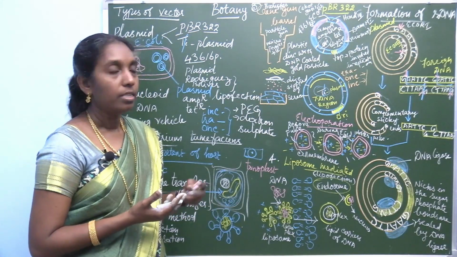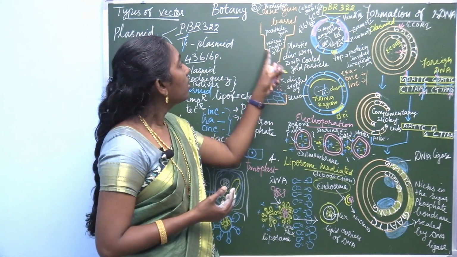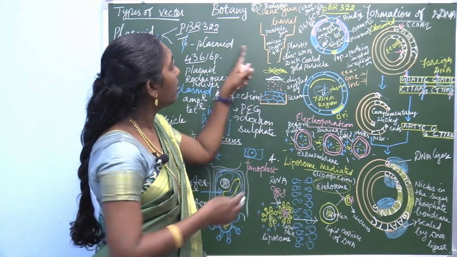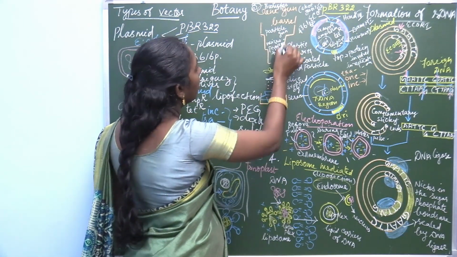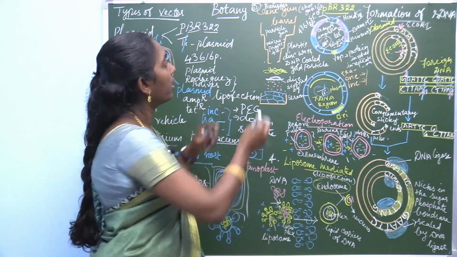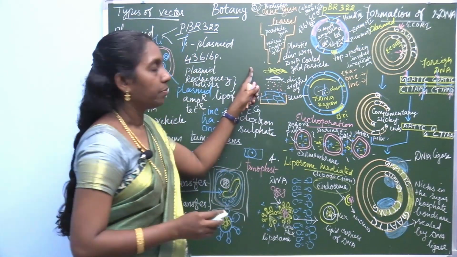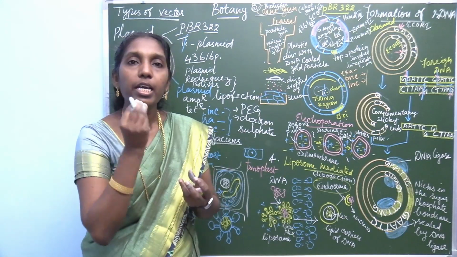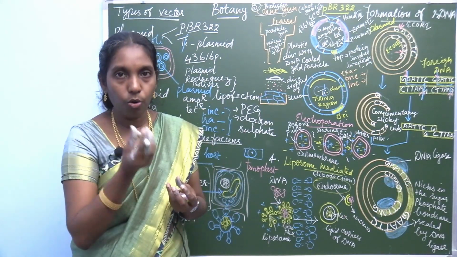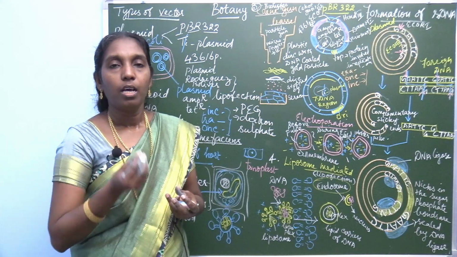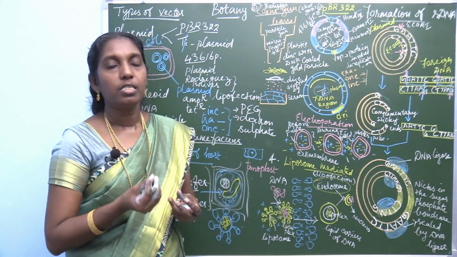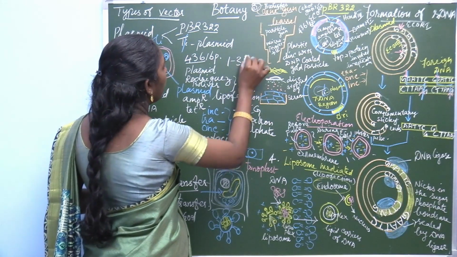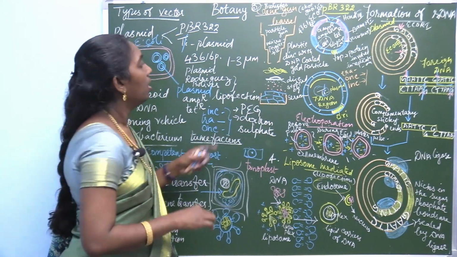What is this method? In this method, there is a barrel of a particle gun. This structure is the gene gun barrel. The DNA is coated with microparticles of gold or tungsten. Very minute particles, that is 1 to 3 micrometer.